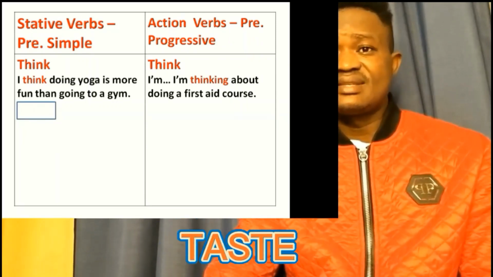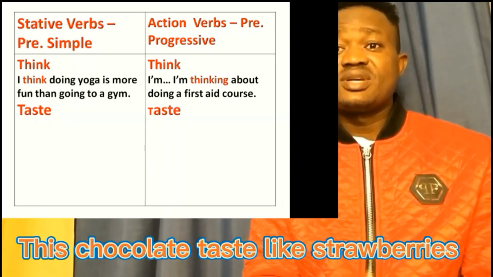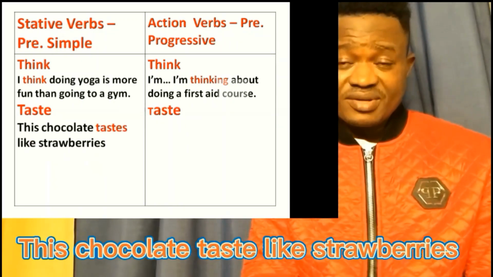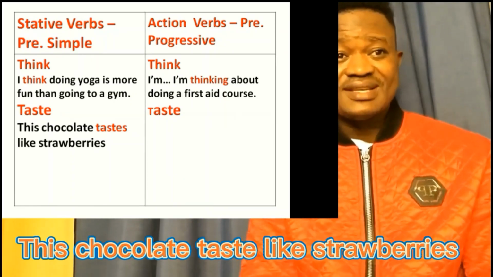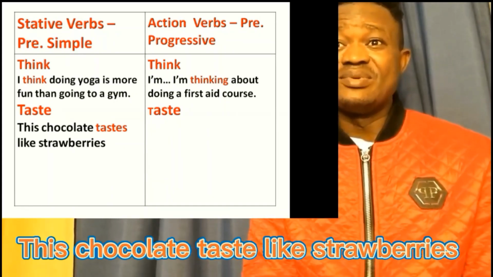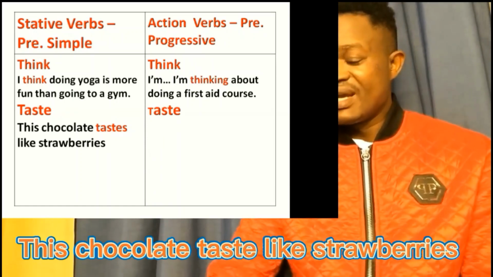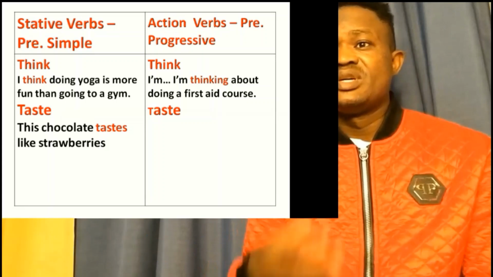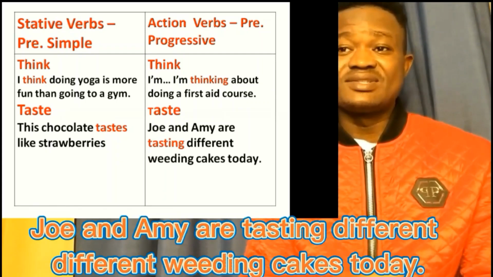Taste. Okay, let's try with taste again. This chocolate tastes like strawberries. This chocolate tastes like strawberries. So this is in the present simple, yeah, in a stative form. So let's go in the action form. Joe and Amy are tasting different wedding cakes today.